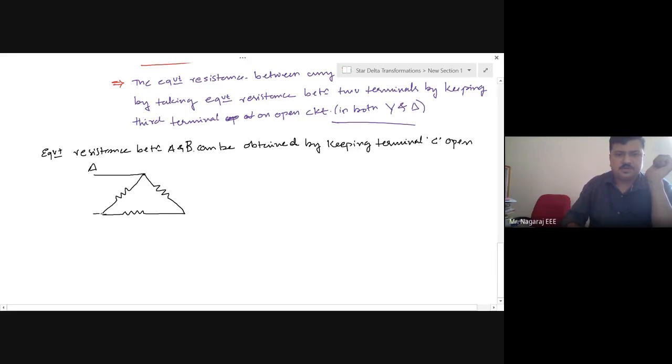This is A, B, and I have an open circuit at C. This is RAB, this is RBC, and this is RCA. Equivalently, I should do the same thing in the star connection also.